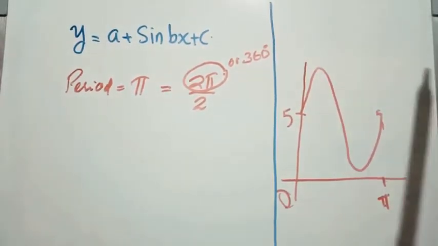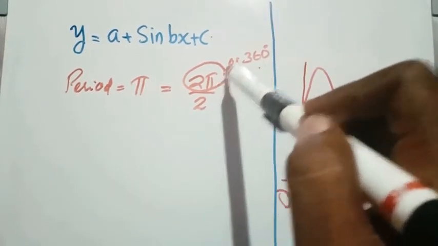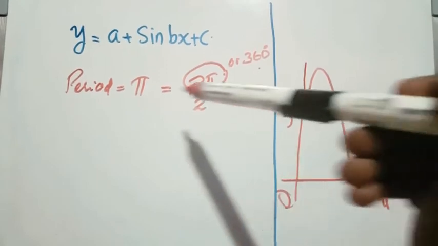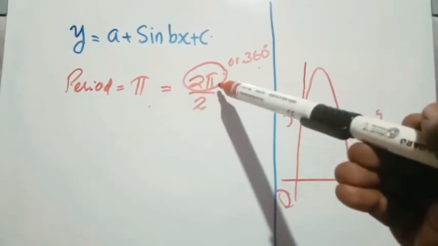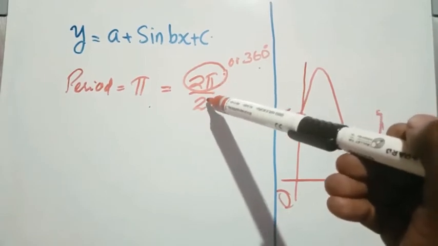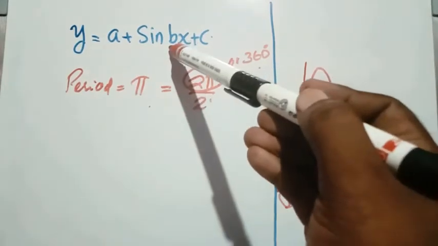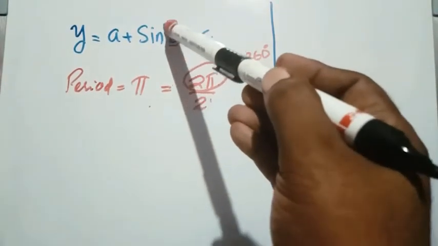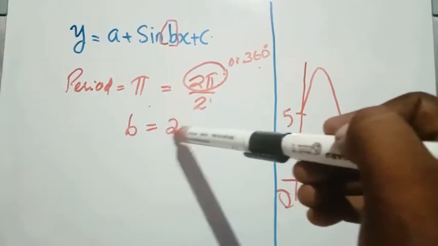The period of a normal sine graph is 360 degrees or 2 pi. But for this graph, the period is pi. Period is pi stands for 2 pi divided by 2. That means the value of b is 2.